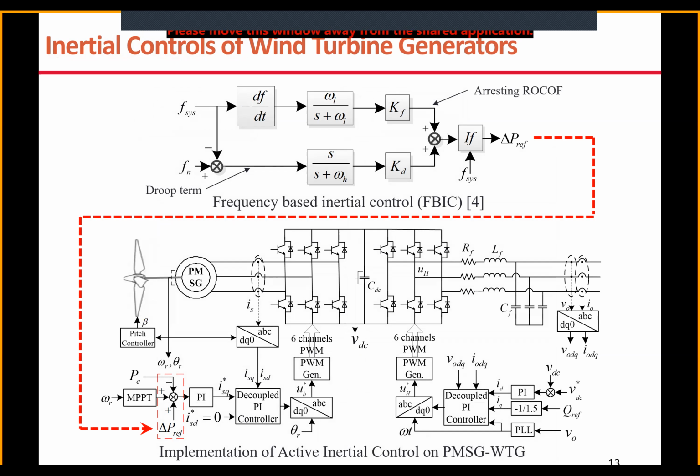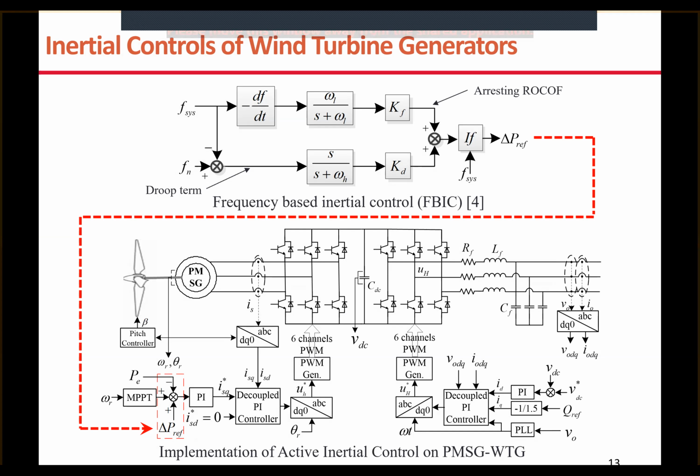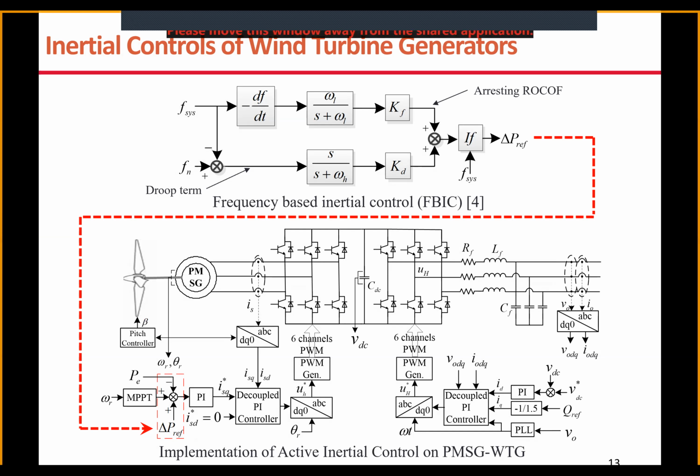If the frequency deviates more than some threshold, then we provide an additional reference power, an increase or decrease. And then we provide that to the wind turbine controller. That is the frequency-based active inertial control, the additional part we have.